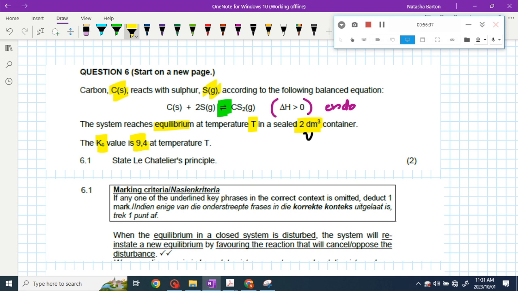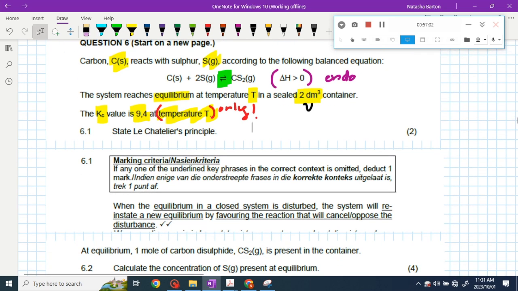They then give us the Kc value, and they tell us this is the Kc value at temperature T, reminding us of the fact that Kc is only affected by temperature. Okay, Kc is only affected by temperature. Chemical equilibrium can be affected by other things, but Kc only by temperature.